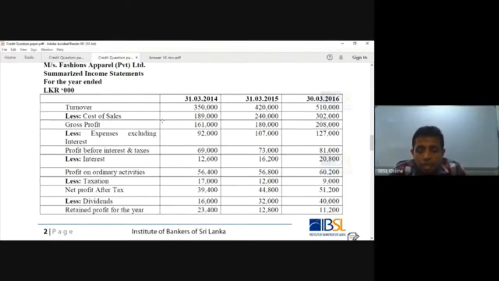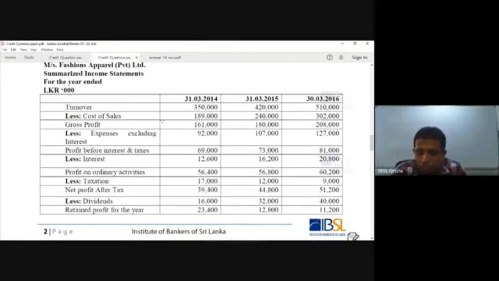Now you want to calculate the purchases. In that case, you have to keep the purchases on one side and take the other two to the other side.